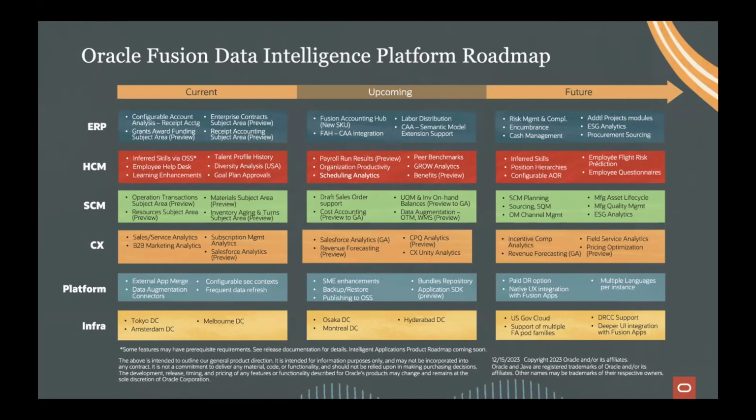We will have scheduling analytics, peer benchmark, grow analytics, as well as benefits available in preview. For the future, we're looking at adding inferred skills as well as attrition prediction, which are two of our ML and AI capabilities in the product, as well as the configurable AOR.